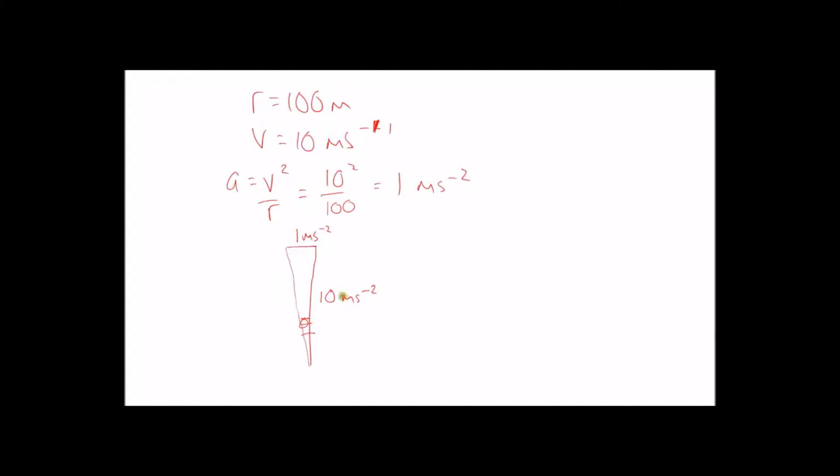So theta is this angle here. Now again, you're always going to be using the tan ratio. So theta is going to be the inverse tan of the opposite, which is 1, over the adjacent, which is 10, and it's not going to be a very big number. Inverse tan of 1 over 10 gives us 5.7 degrees.